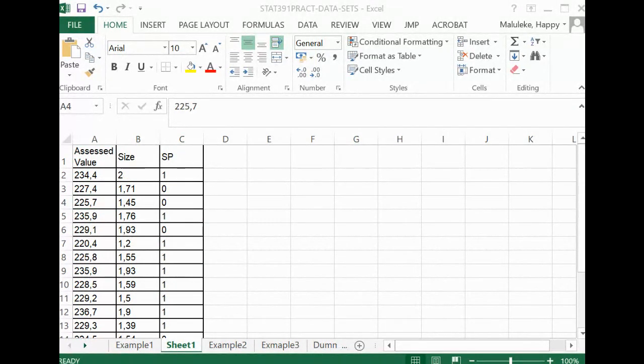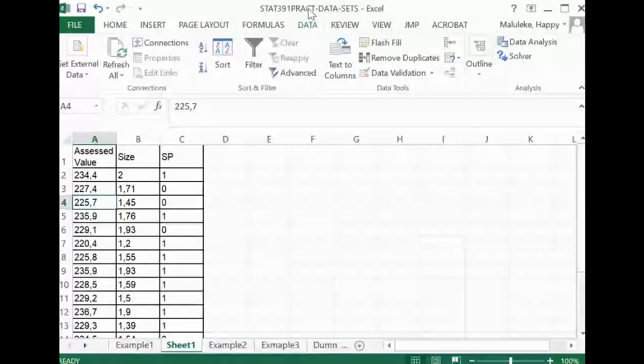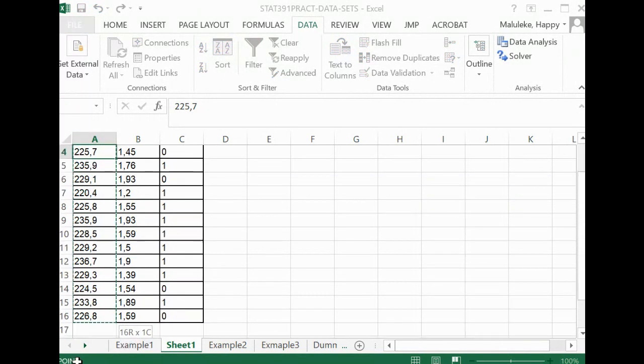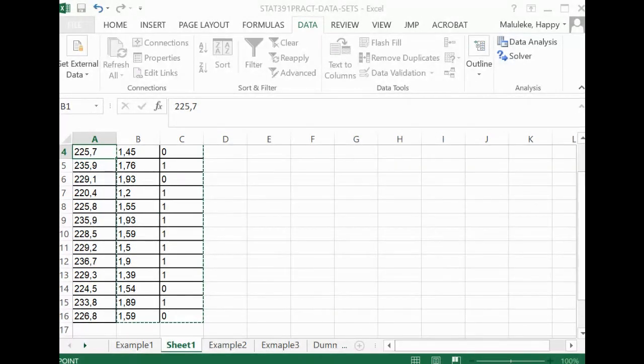We have this data set now. We'll go to data, and then we want to run this. Our y variable there is the assessed value, and we have two independent variables, size and swimming pool.